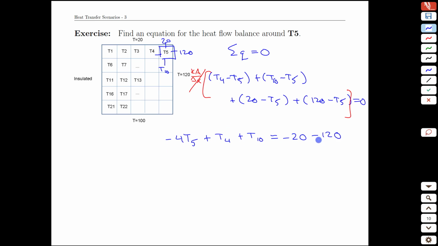That is our steady state condition for cell 5, for T5. What this shows us is that through a process very similar to the truss analysis, looking at each joint there, here we're looking at each cell, we can come up with a linear equation for the temperature balance of this and its neighbors. And by the time we're done, we will get 25 different equations out of this process.